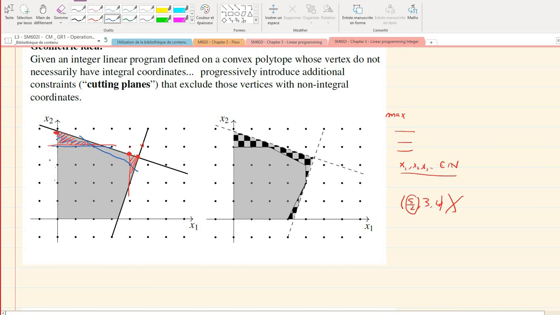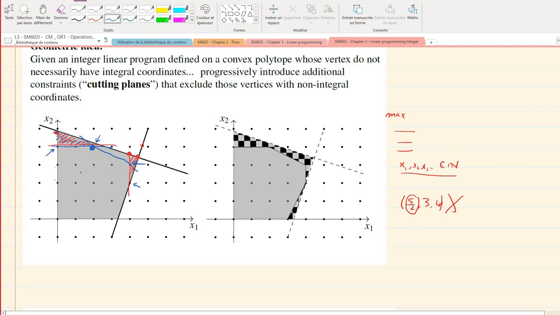I will keep inside only the integer coordinates. So you see, every time I introduce a plane, I have more and more corners with integer coordinates. Now this corner has integer coordinates, this one, and this one, and this one. I will solve my problem, hoping to find now a solution, let's say this one with integer coordinates.